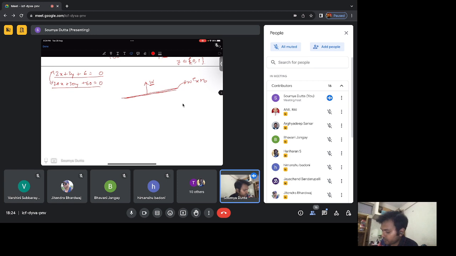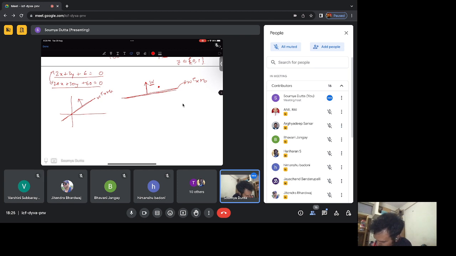Any point which is, let's say, here, I have to draw the coordinate system also, otherwise it might become difficult. Yeah, this is W transpose X plus B. I have defined W like this.